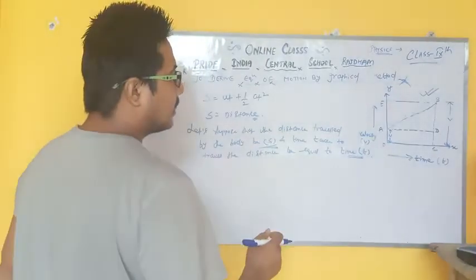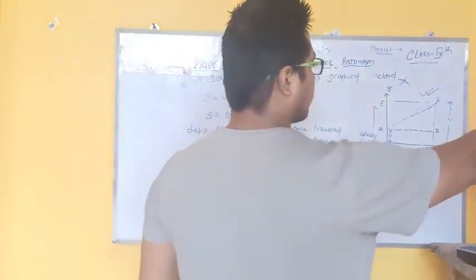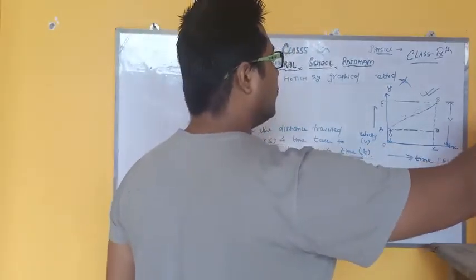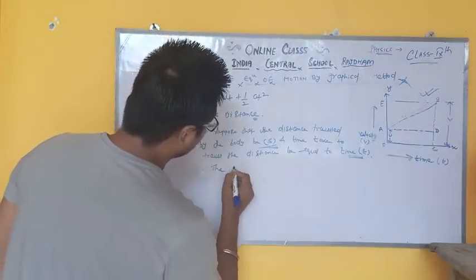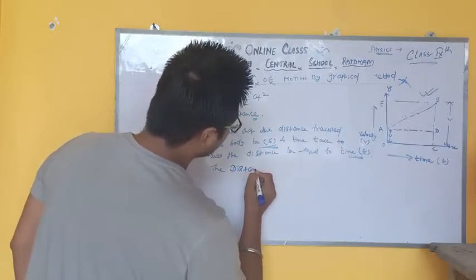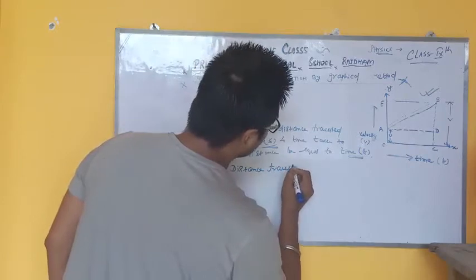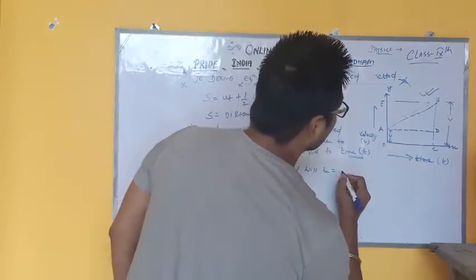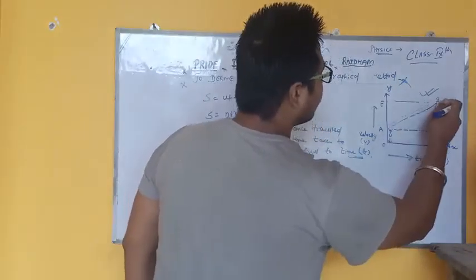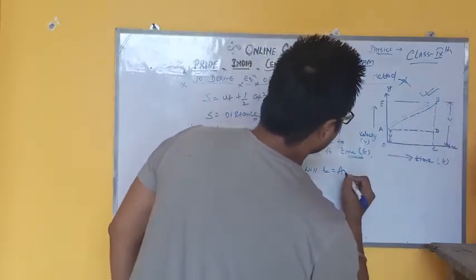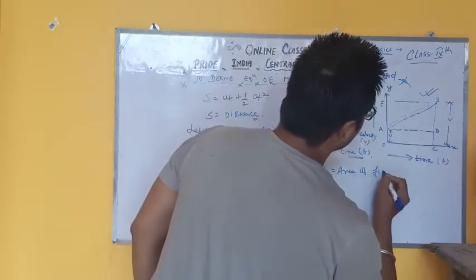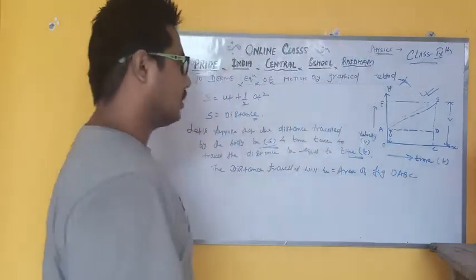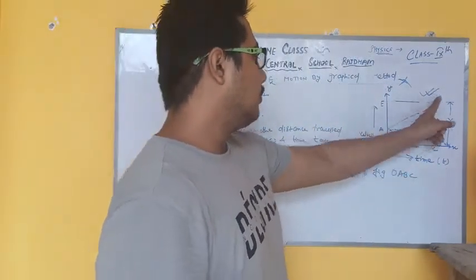So the distance traveled will be equal to the area of figure OABC.